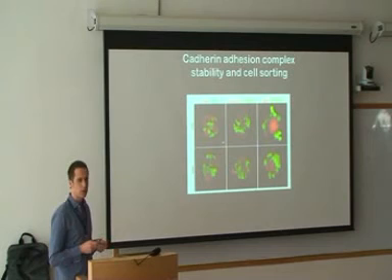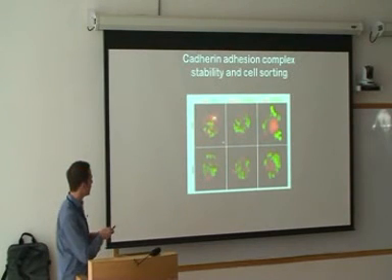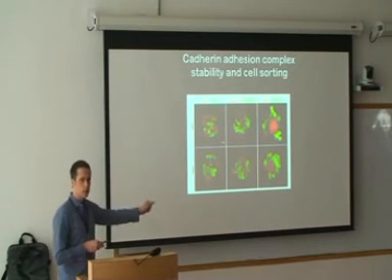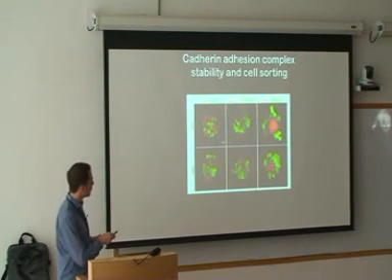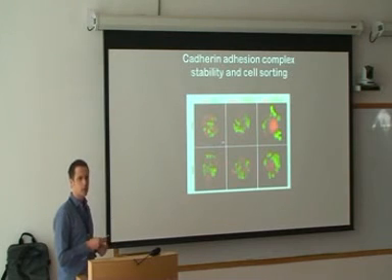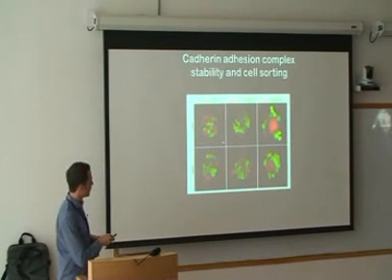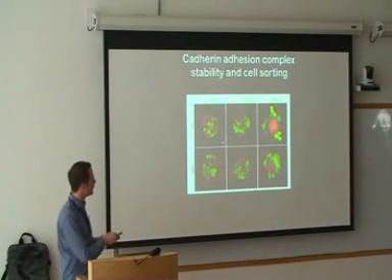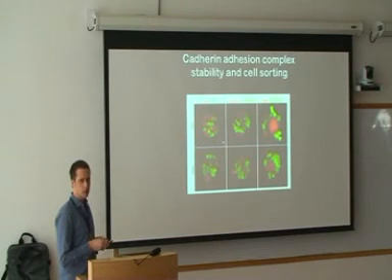They're expressing the same amount of cadherins, same cell type, nothing is happening. But if we do the experiment and just look over here, where the red cell is expressing a full-length cadherin which is able to couple to the cortical cytoskeleton, and the green cells are expressing a truncated version of cadherin which is unable to couple to the cortical cytoskeleton, what is happening is that the red cells are sorting in the middle because they're forming larger cell-cell contacts, they're more cohesive, and they're being surrounded by the green cells, which form smaller cell-cell contacts and are less cohesive.